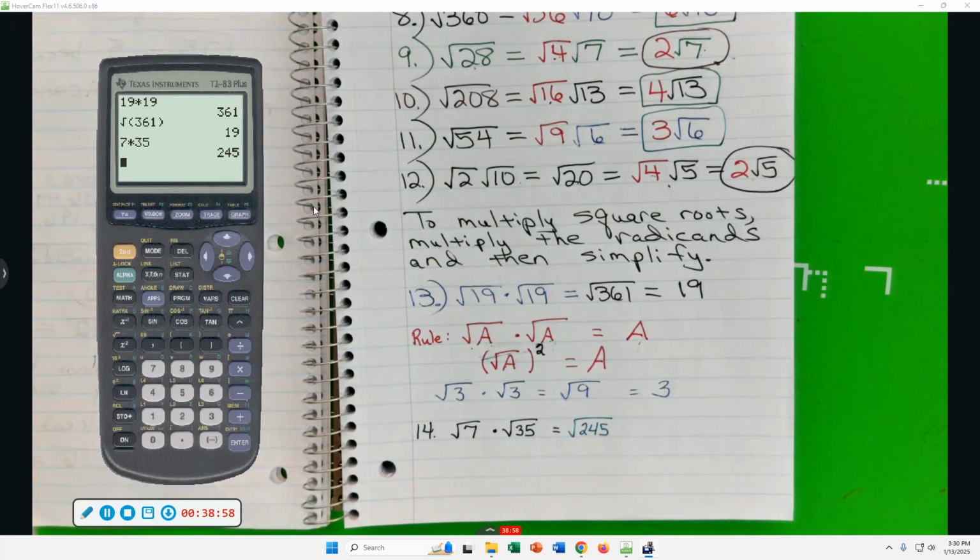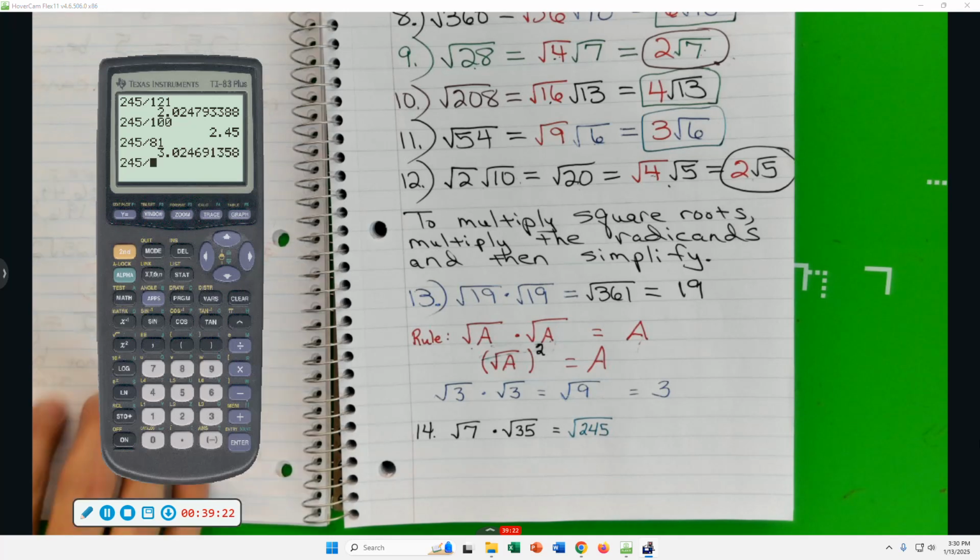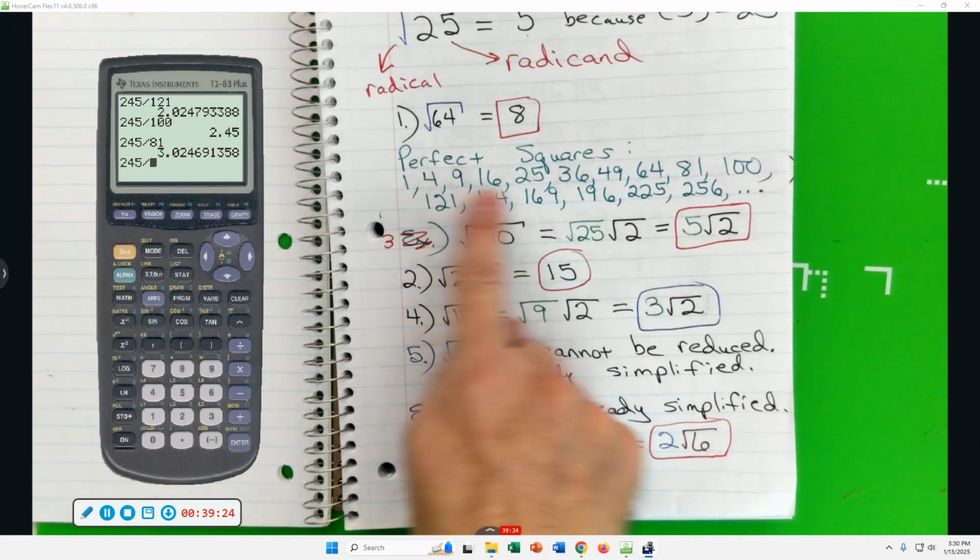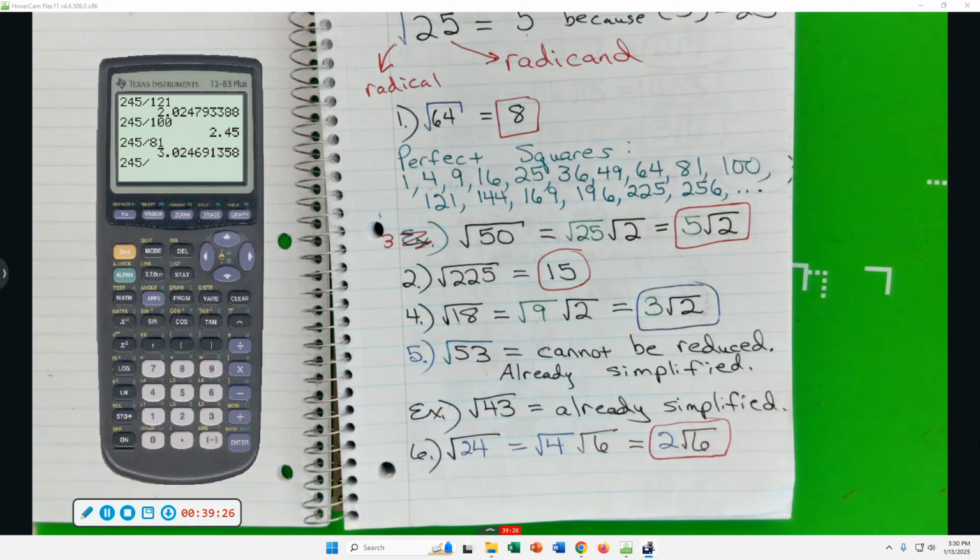Let me clear this calculator, and you might find it faster than me. 245 divided by 121. Am I going to get a decimal number? If so, then it ain't going to work. Okay, so I'll move on down. 245 divided by 100. Nope. 245 divided by 81. I'm going through these perfect squares there. 64, does 64 do it?